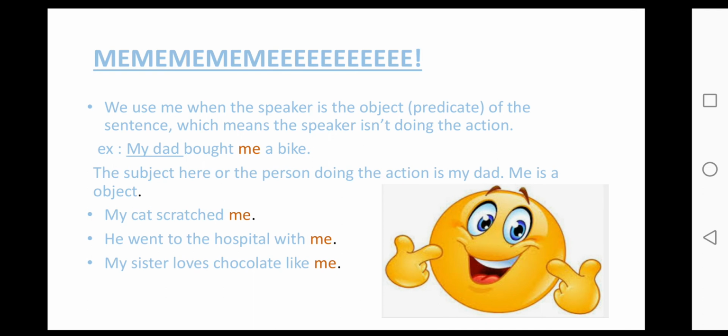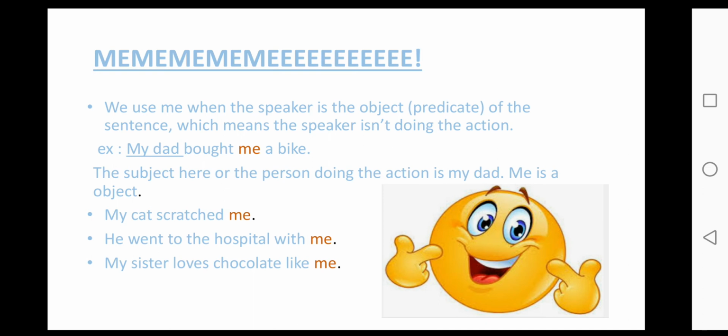Now, again, we use me when the speaker is the object of the sentence. What do I mean by that? I mean that the speaker is not doing the action, but he is receiving the action. Okay? But he's not doing it.